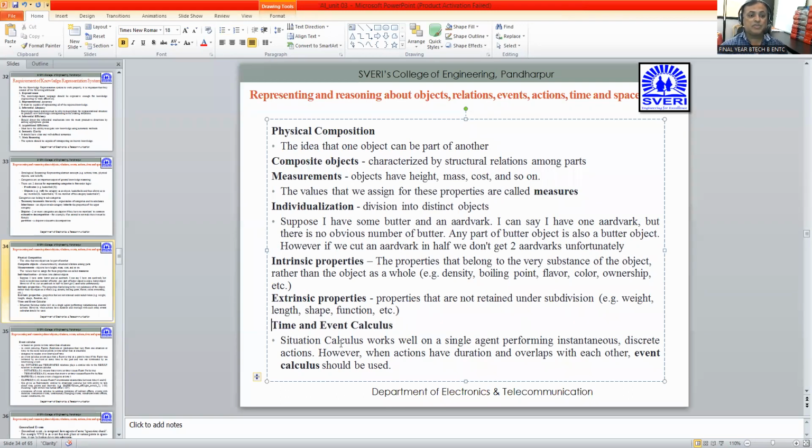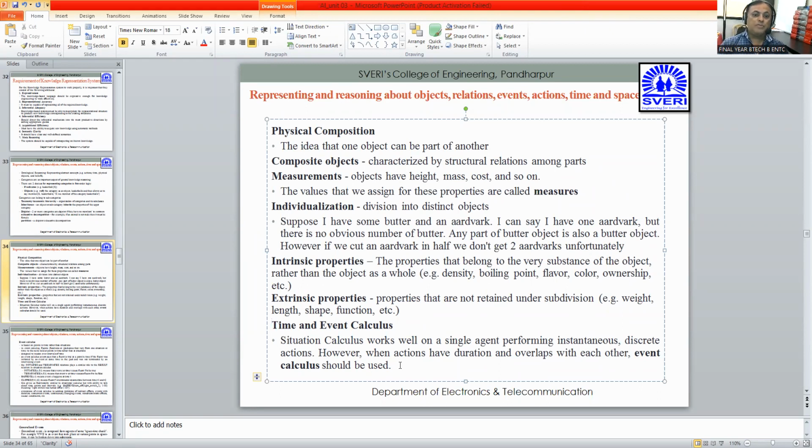Next will be the extrinsic properties. So I said that something is added to make it impure is an extrinsic. These are properties that are not retained under subdivision. So whatever cannot be subdivided in the above, the remaining properties will come under extrinsic. The ones above are intrinsic, the ones below are extrinsic. Above, the values we are adding are for every substance of an object, right? So every substance of an object could be density, boiling point, and all those things.